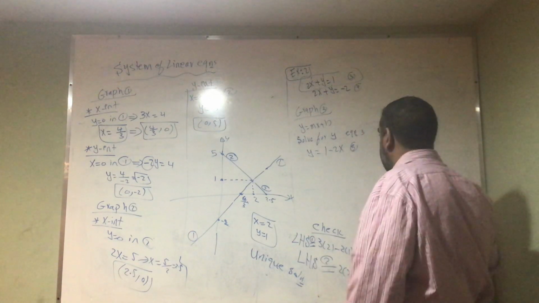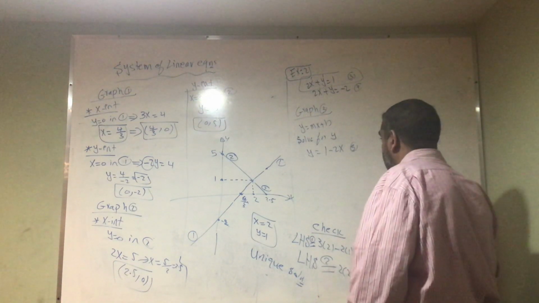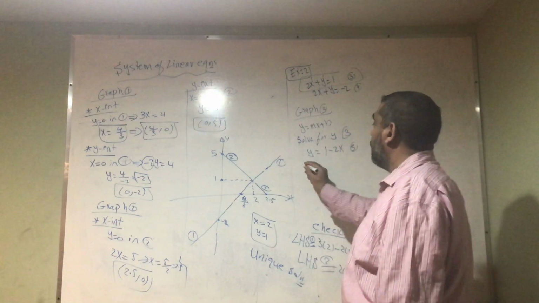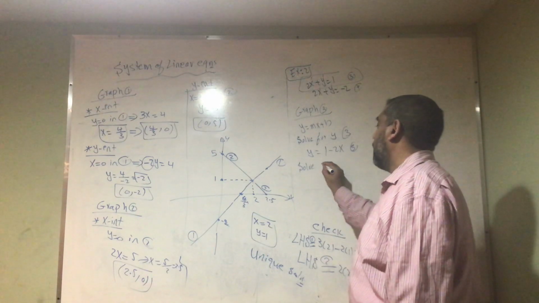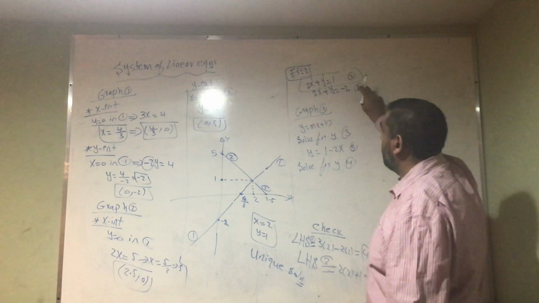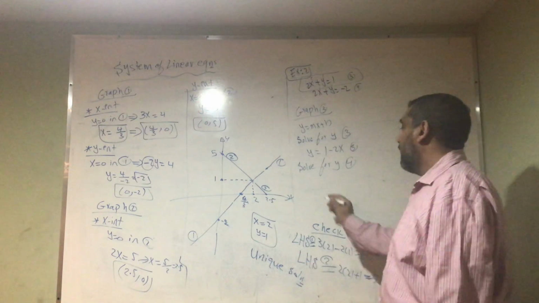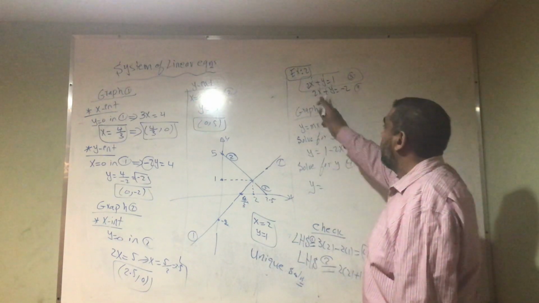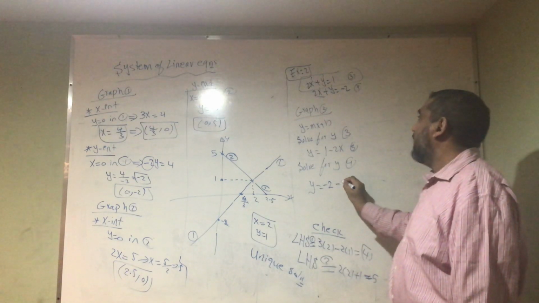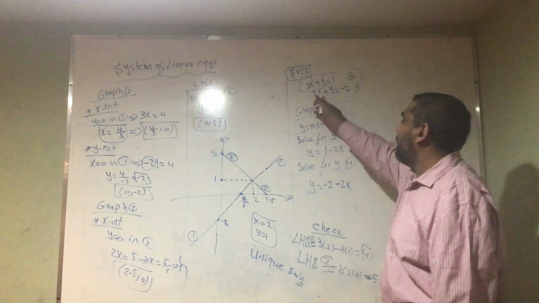How to solve that for y? You just take 2x to the right, so you have y = -2 - 2x.